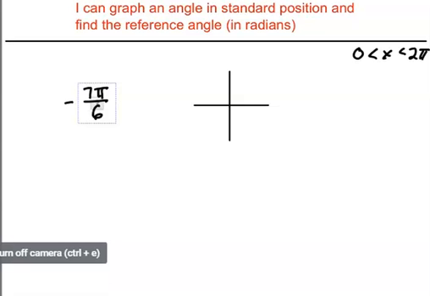I want to add 2 pi, and 2 pi in terms of sixths is equal to 12 over 6 pi. Not 16, 6. So I can add 12/6 to this, and I get a coterminal angle. Negative 7 plus 12 is 5 pi over 6.